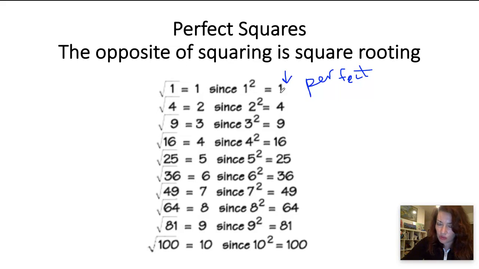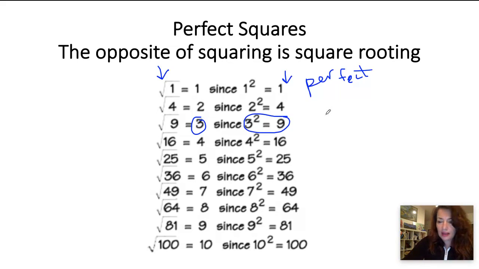The opposite of squaring is taking the square root. So if I take the square root of 1, of course we still have 1. But as you go down the list here, you can see that 3 squared, for example, is 9. And the opposite of squaring is square rooting. So if I go backwards, take the square root of 9, we get 3. Okay, so this is with perfect squares.